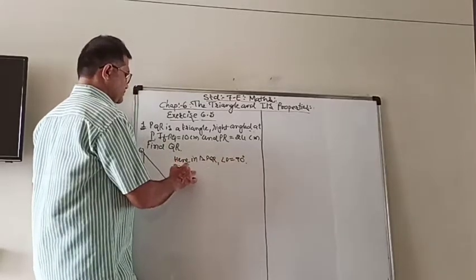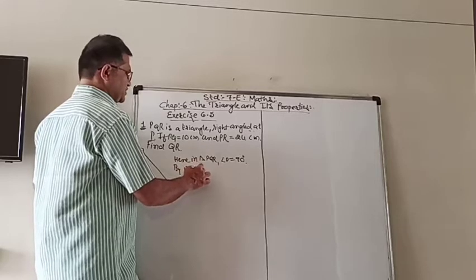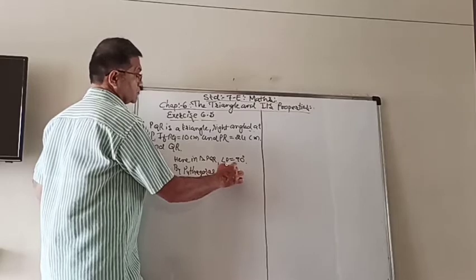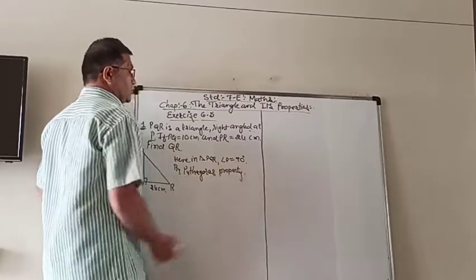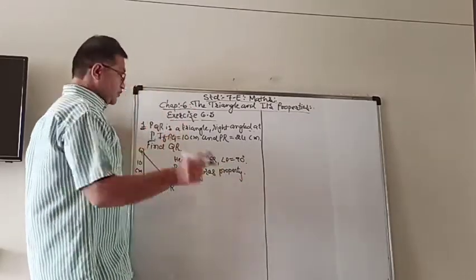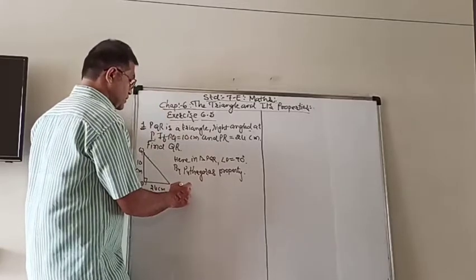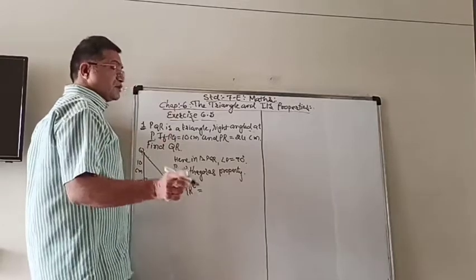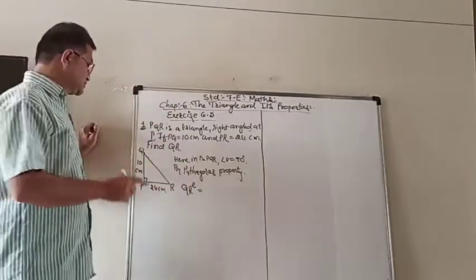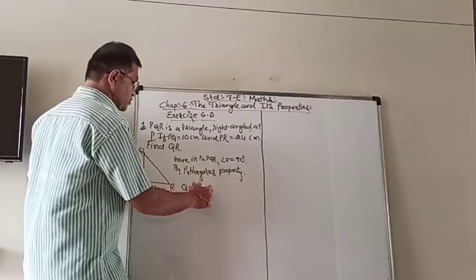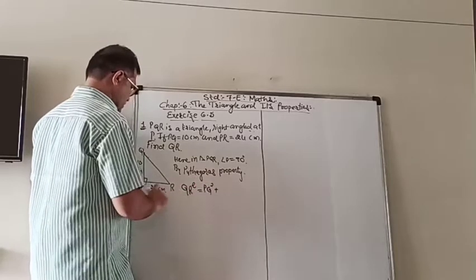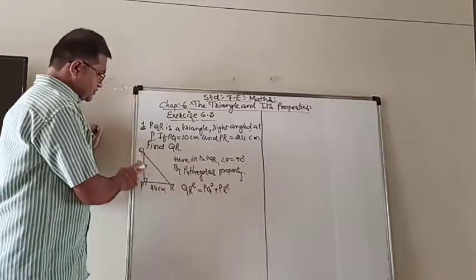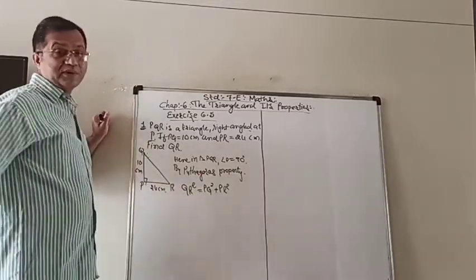Therefore by Pythagoras property, the square of the hypotenuse, which is QR here, is equal to the sum of squares of its legs. These are the two legs, PQ and PR. So QR square is equal to PQ square plus PR square.